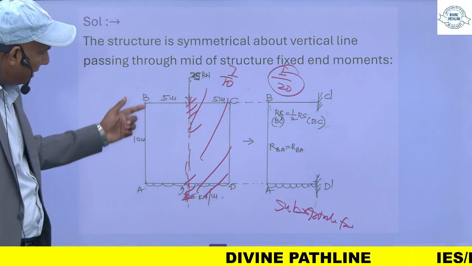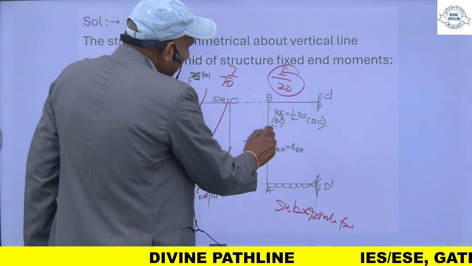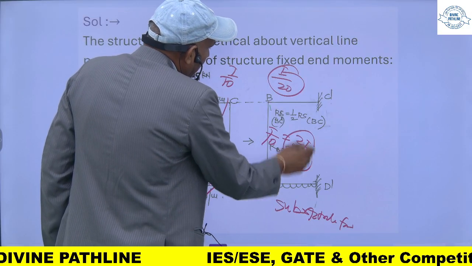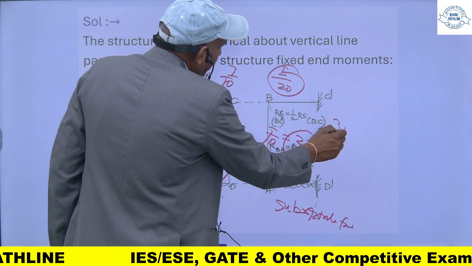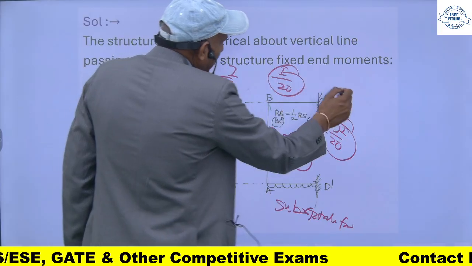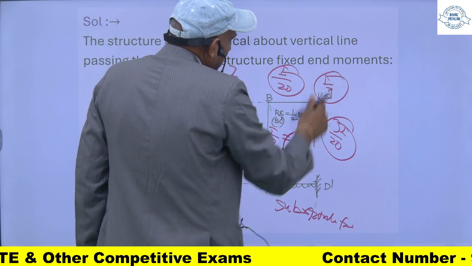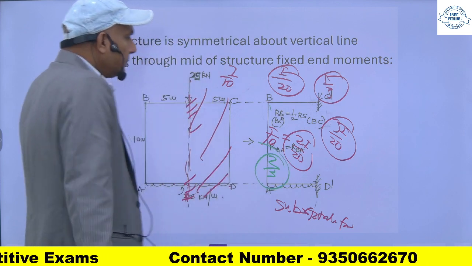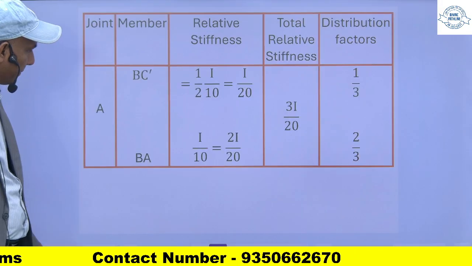It will be the same, I upon 10. So I can say 2I upon 20. The sum of this and this will be 3I upon 20. So the distribution factor for this will be 1 upon 3, and for this it will be 2 by 3. So these are my distribution factors.